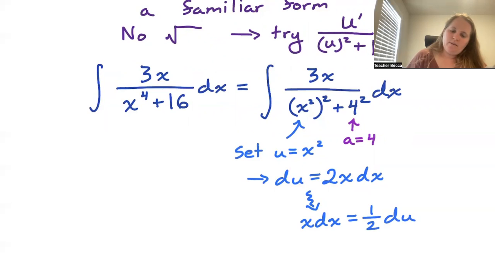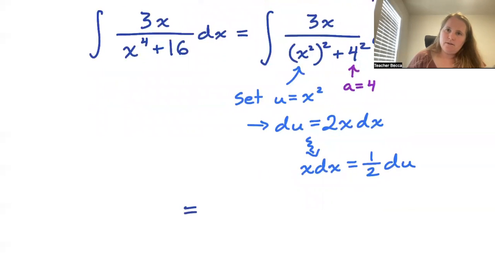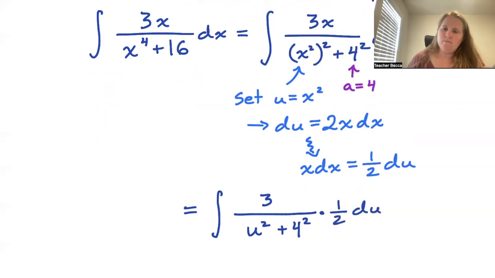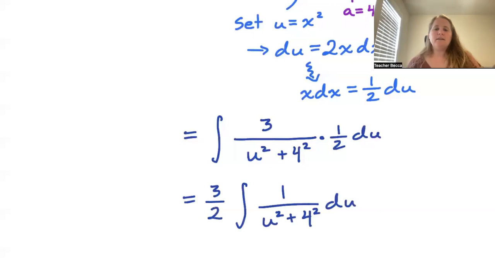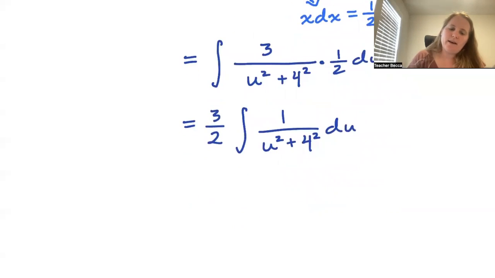So plugging in, we get that our integral is equal to 3 over u squared plus 4 squared. Then x dx becomes times 1/2 du, otherwise known as 3/2 times the integral of 1 over u squared plus 4 squared du. Again, this is our tan inverse case with a equals 4.